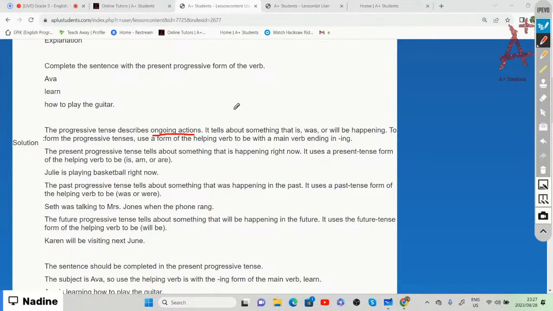And to form the progressive tenses, we need to use a form of the helping verb to be with a main verb ending in ing. So our helping verb is going to give us an indication that something is happening in the present tense, or in the past tense, or that it is ongoing action that will be happening in the future tense.